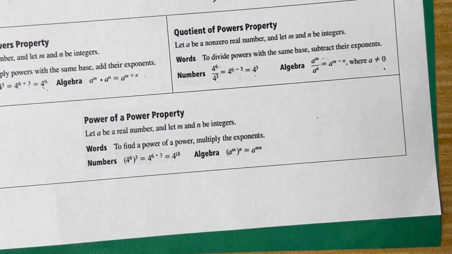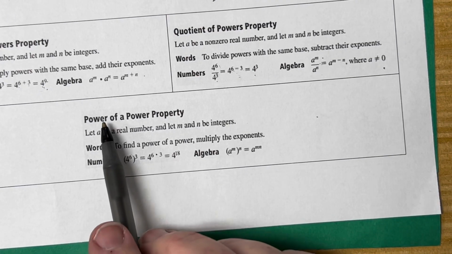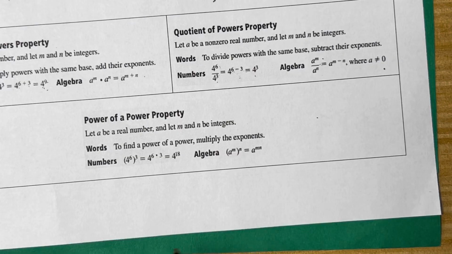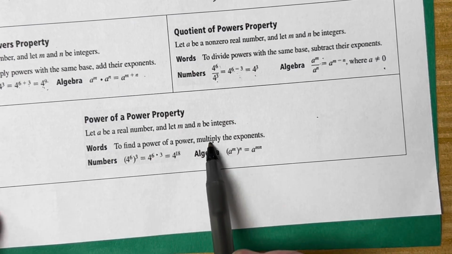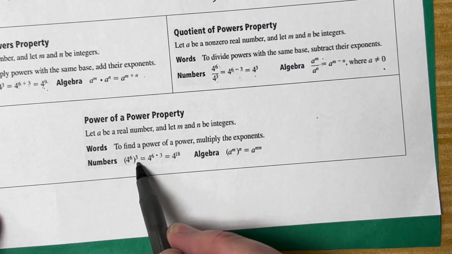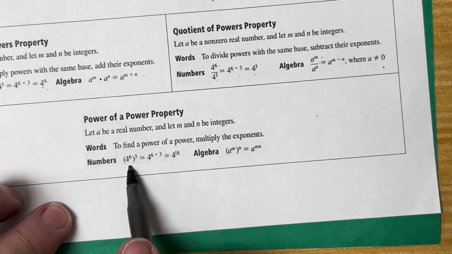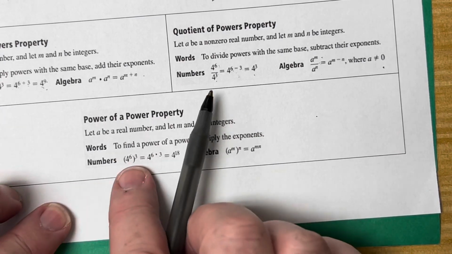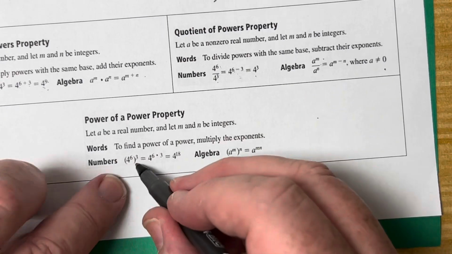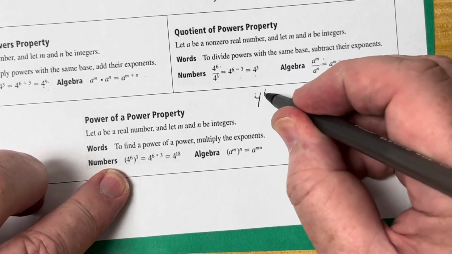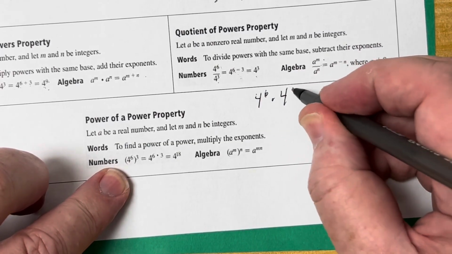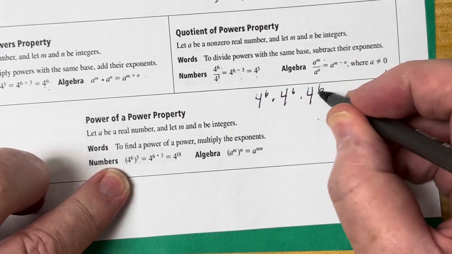All right, the next power property is the power of a power property. To find the power of a power, you end up multiplying the exponents. And we're not going to expand this out completely because that would be really long with 4 to the 6th power, but we can do 4 to the 6th power times 4 to the 6th power times 4 to the 6th power.